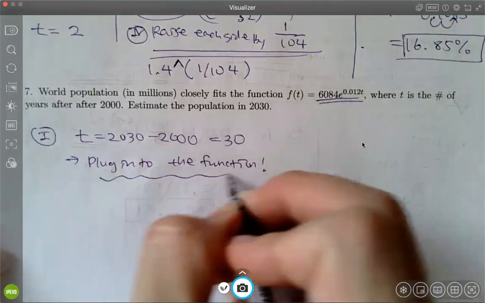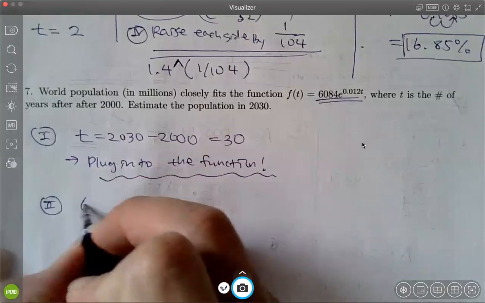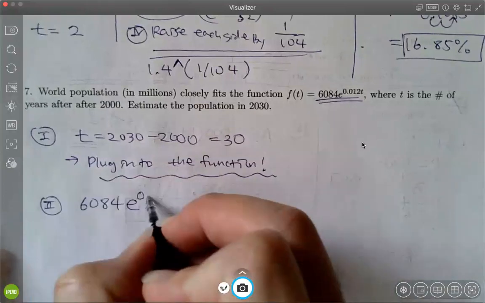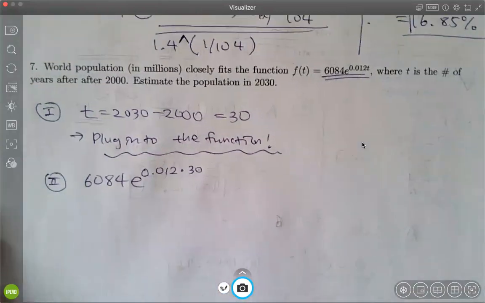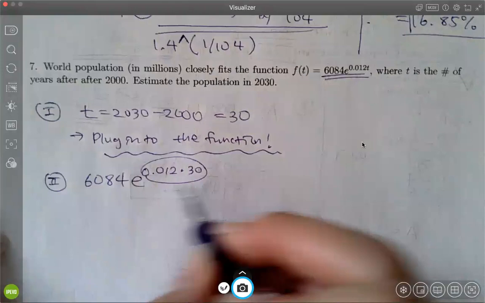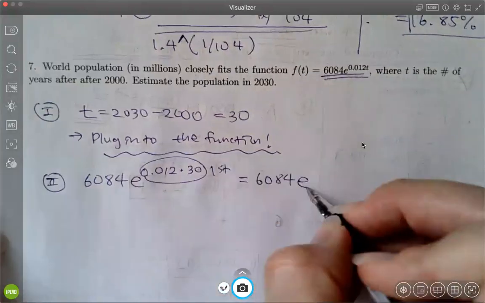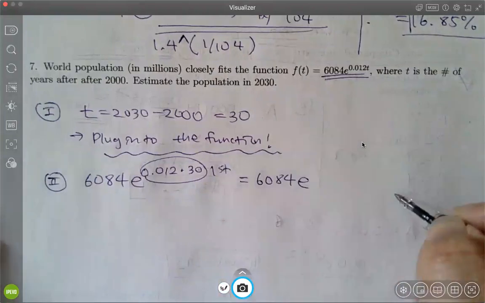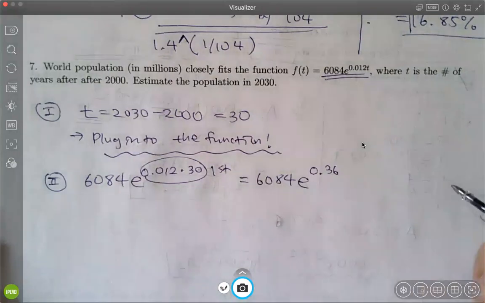Okay, so what do we get? 6,084 times e to the 0.012 times 30, right? Okay, so we have seen this expression before. We do this one first. Okay, so we get 6084 times e to the, what is this? 0.36, is that right? You may have to use your calculator, but I think that's right.